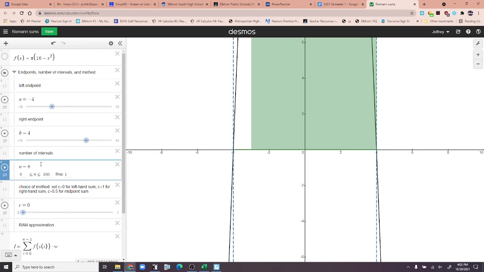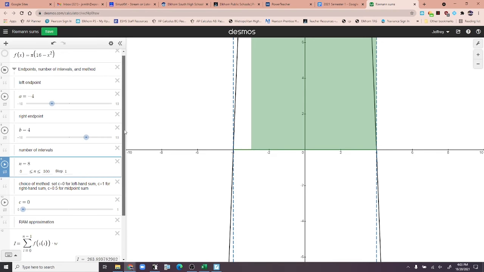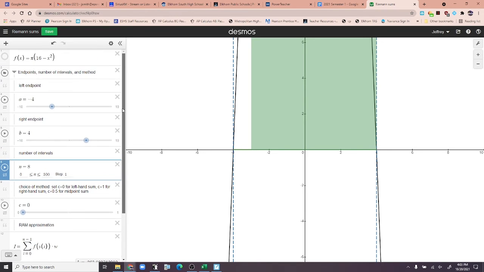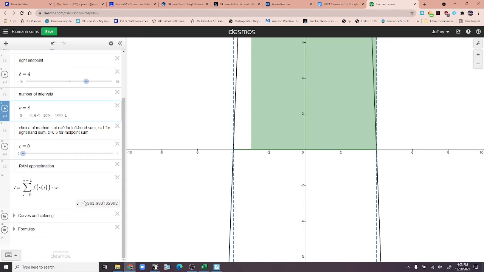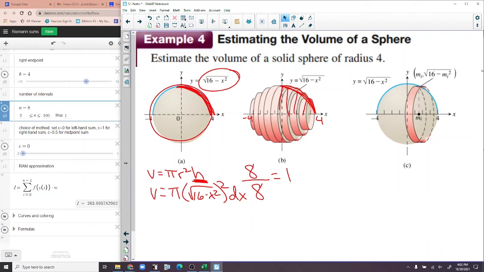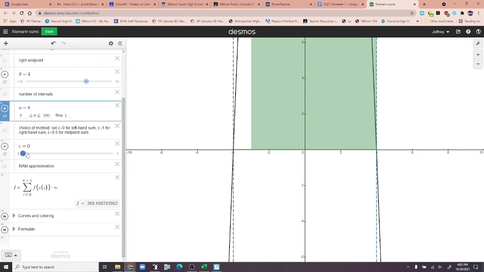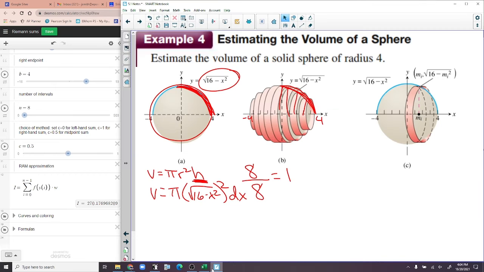Now that's going to give us the correct height of 1 on each of those. And I have something not quite right here. Oh, we want mid. That's right for left endpoints, but if you look at the m's right here, that says mid. We want that approximation. Boom. 270.176.